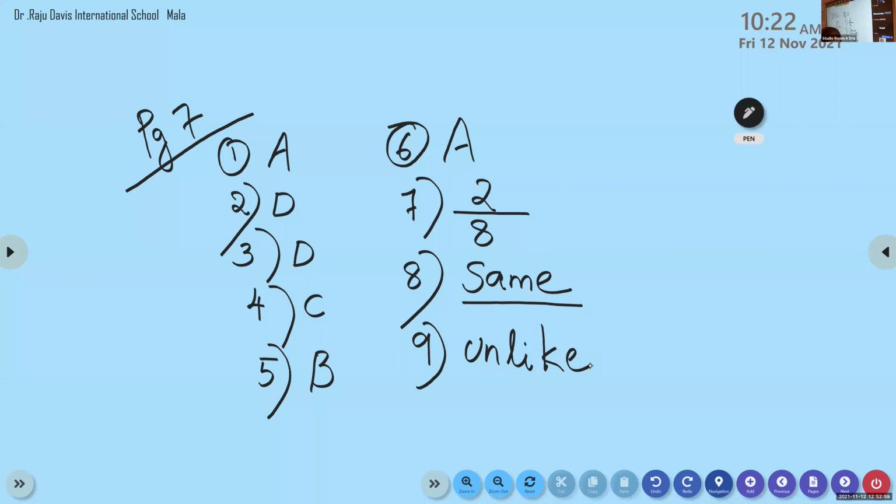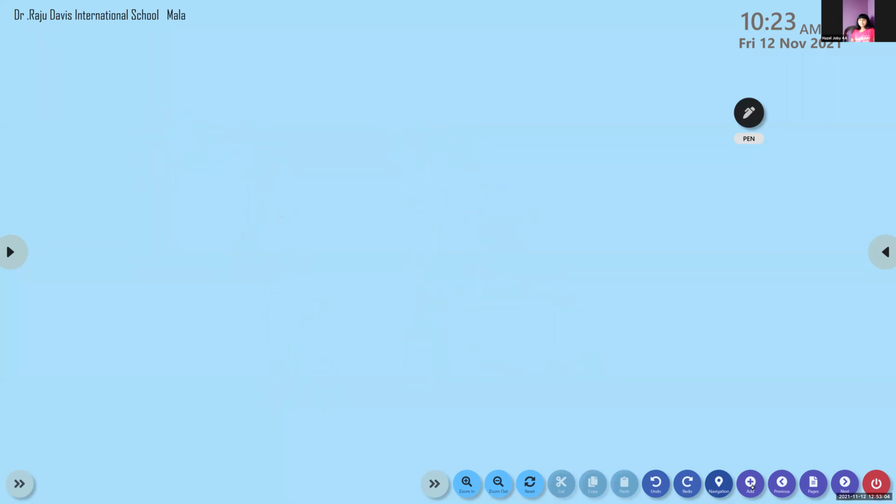So children, question number 10 is very short. We just have to write a short step. What will you write? Like fractions are. We are writing question number 10 now.